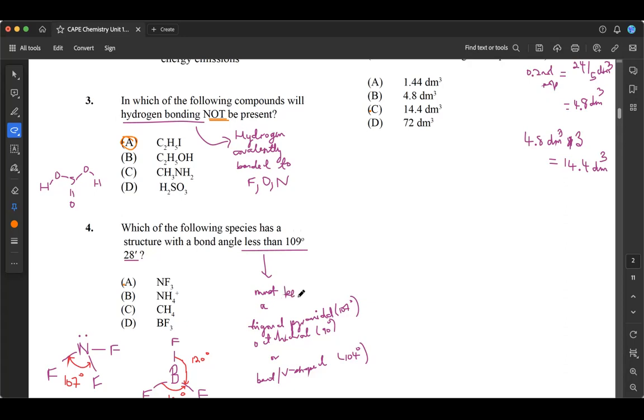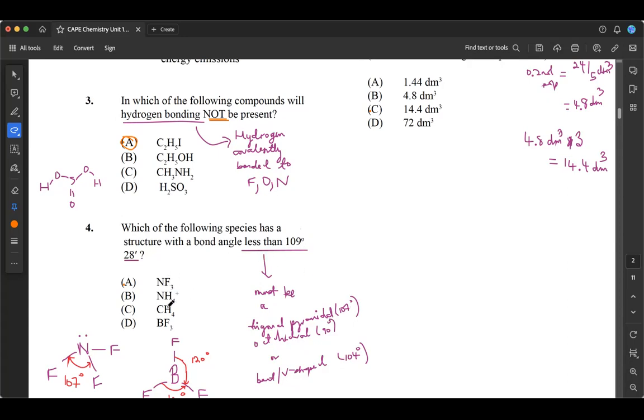So the possibilities are that it could be a trigonal planar molecule, which has bond angle of 107 degrees. It could be an octahedral molecule that we choose that has a bond angle of 90. Or it could be a bent or V-shaped molecule that has a bond angle of 104. All of these would be less than 109, right? So we can't choose a tetrahedral structure.